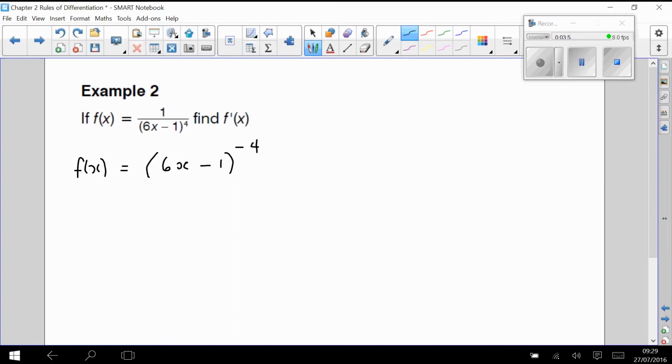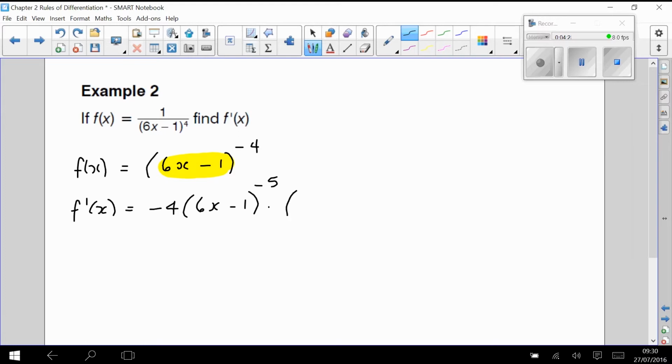I can now identify very nicely my outer function and my inner function of f of x. If I highlight the inner function, you can see that the outer function for this is going to be x to the minus 4. The inner function is going to be 6x minus 1. So now finding the derivative of f of x, the derivative of the outer function is going to be minus 4 times x to the minus 4 minus 1, which is minus 5.